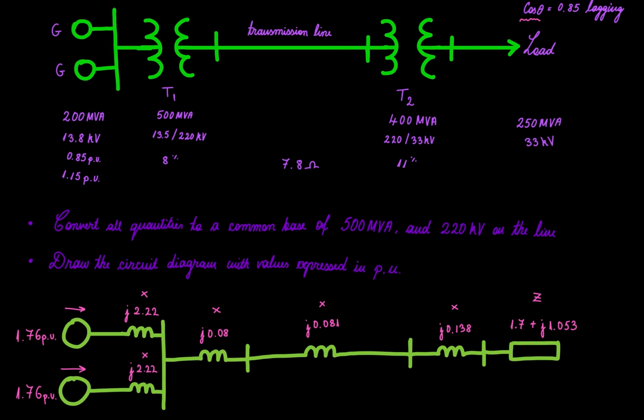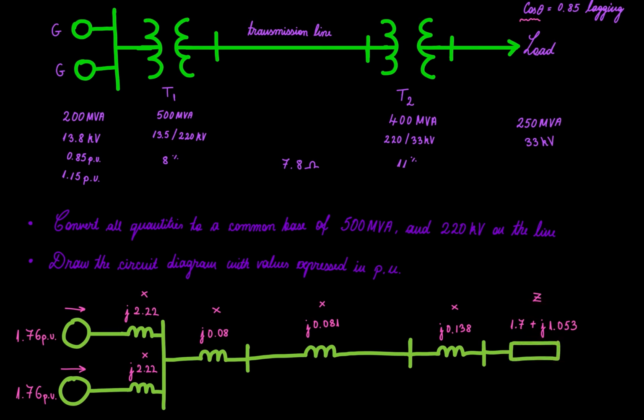Once again, we can have a reactance to calculate here. Bus bar, line. We're going to have another reactance to calculate for the transmission line. And then step down transformer. Here, once again, another reactance. Bus bar. And for the load, we're going to have a resistance and reactance. So we're going to have an impedance.